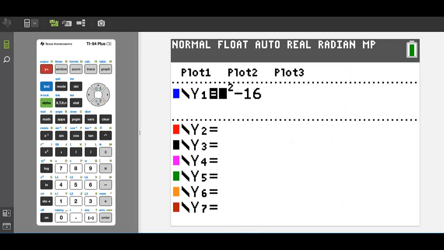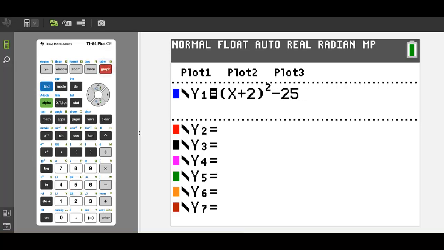We'll clear out the previous function, and we would type in the parentheses. We had x plus 2 squared, and that was minus 25.